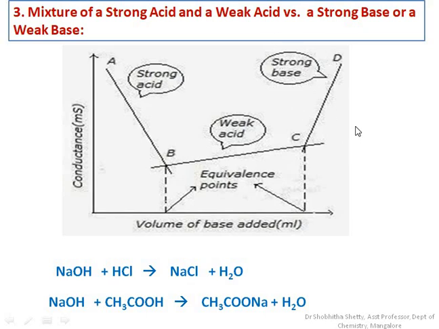So this is about the titration of a mixture of acids versus a strong base. From this graph we can find out the volume of HCl present in the mixture as well as the volume of acetic acid present in the mixture.